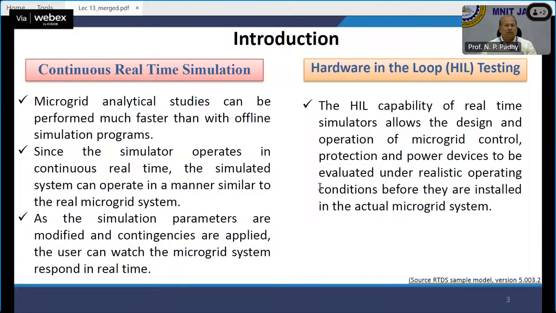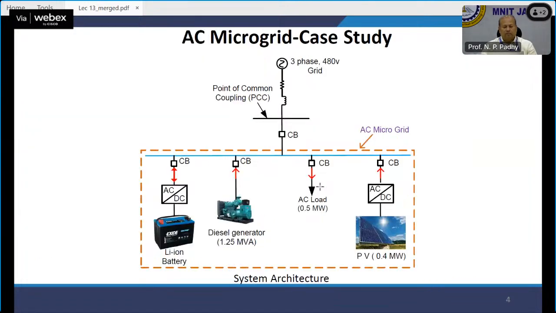Now, in the case of HIL, hardware-in-the-loop simulation or testing, the HIL capability of real-time simulators allows the design and operation of microgrid control, protection, and power devices to be evaluated under realistic operating conditions before they are deployed in the actual microgrid system.